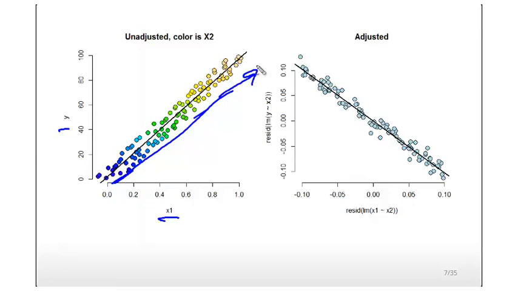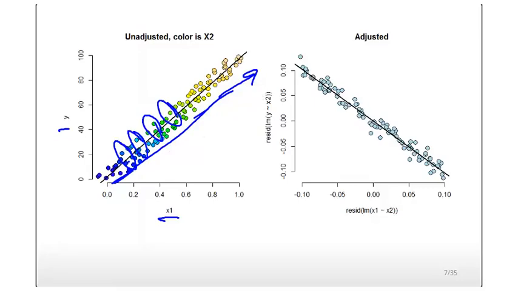So the relationship between x1 and y seems to be pretty related to the relationship between x2 and y. What regression sort of does is look within a level of x2, and imagine within a level of x2, if the relationship was linear in this smaller dimension, it's sort of hard to visualize.